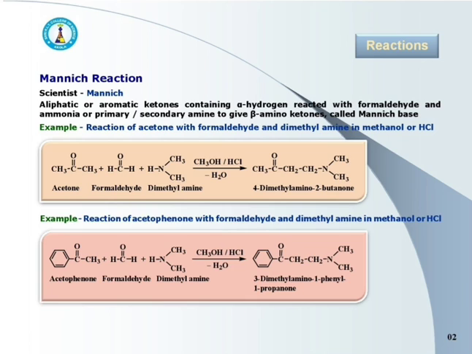Here also there is formation of Mannich base, that is 3-dimethylamino-1-phenyl-1-propanone, by the reaction of acetophenone with formaldehyde and dimethylamine. Here methanol or hydrochloric acid can be used as solvent. This is the second example.